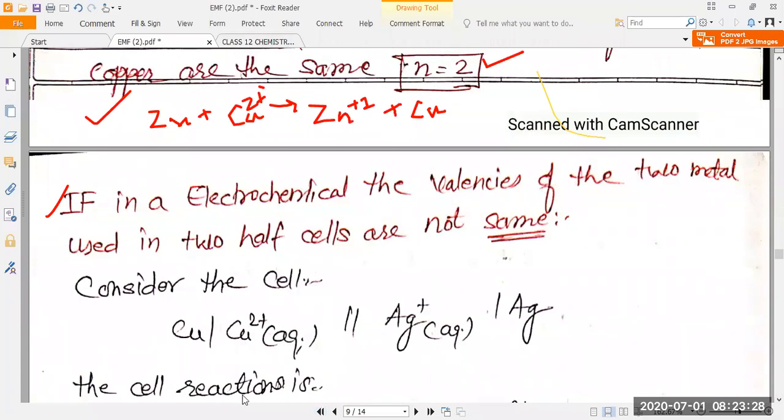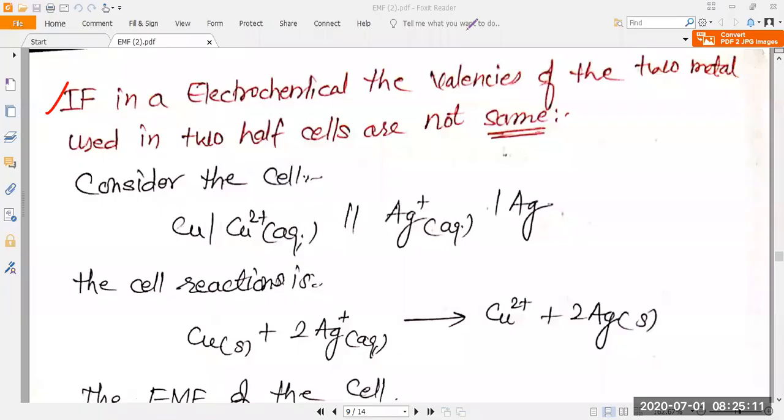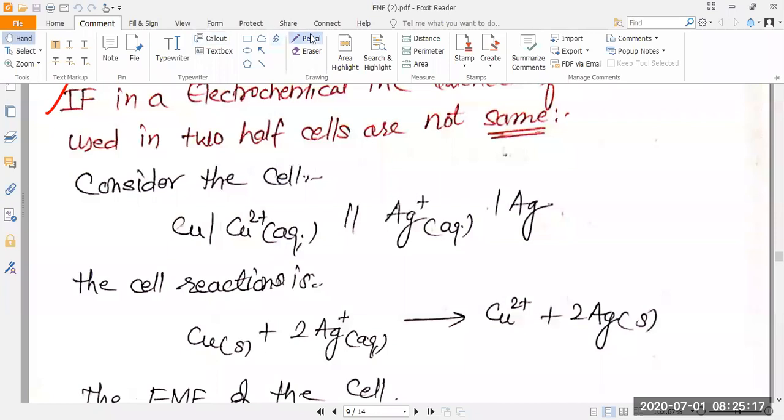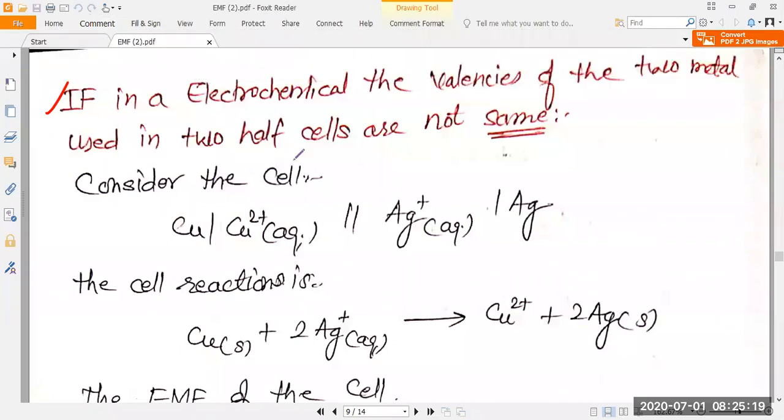This is another cell. So how can we write the cell equation if the valencies in both the directions are not the same? So this is the case.